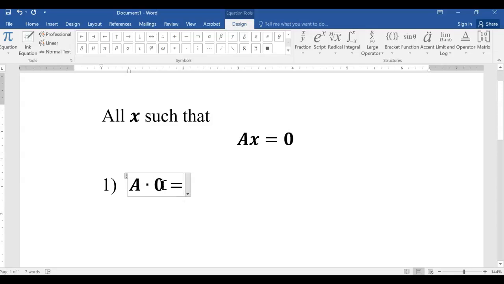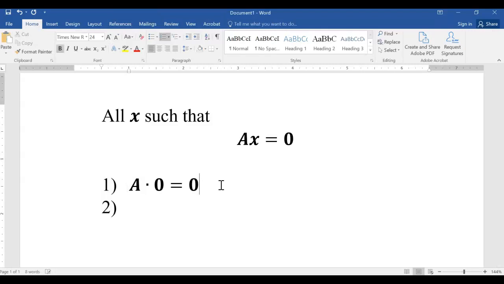Well, anything times the 0 vector, remember what the 0 vector is. It's the vector of all zeros. So if I take a linear combination of the columns of A, but all of the coefficients are zeros, you're going to get out all zeros.